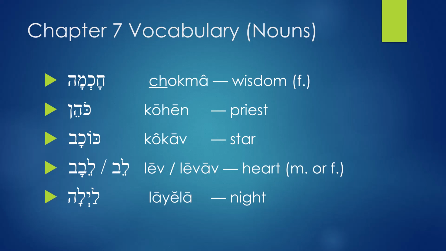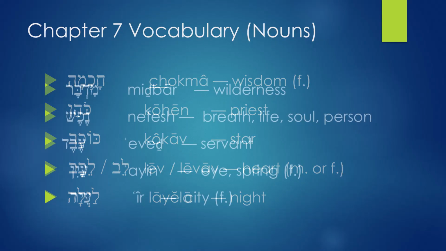Both of these mean heart. Sometimes you're going to see it as lev, sometimes it's going to be levav. Next we have the word laila. Laila means night. Remember we said when you want to say good night, you say laila tov. So laila means night.